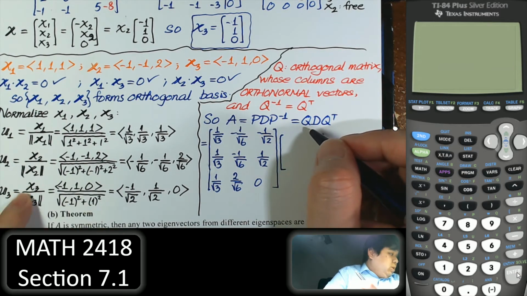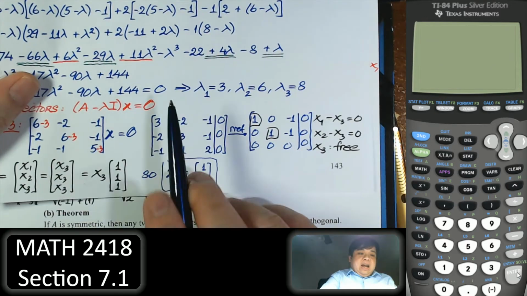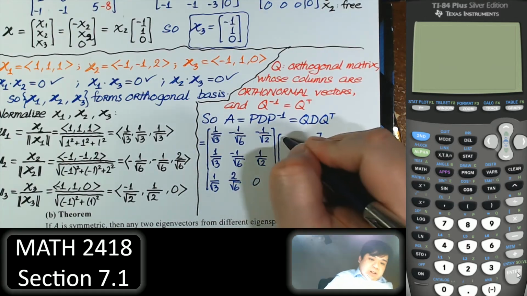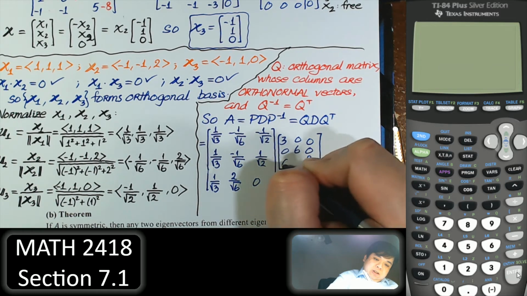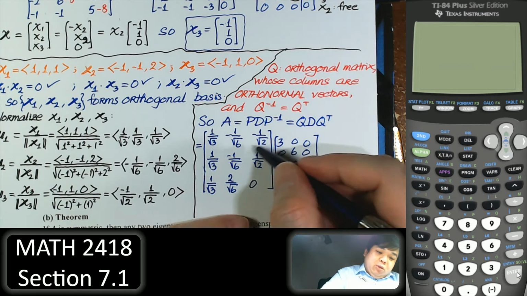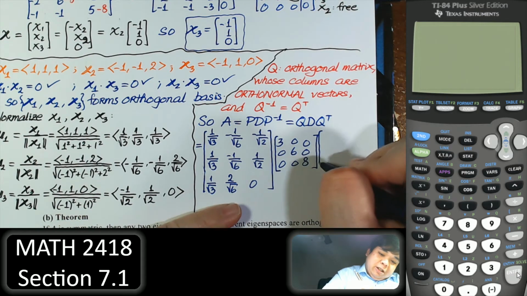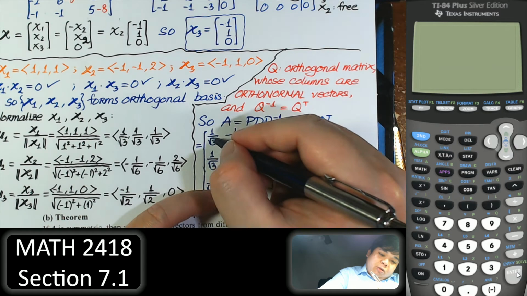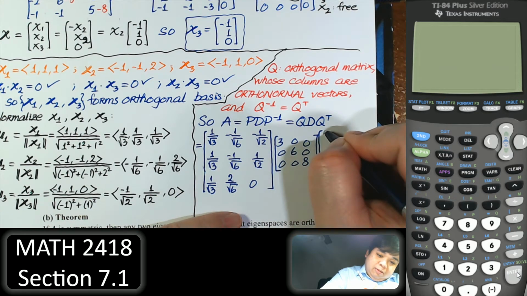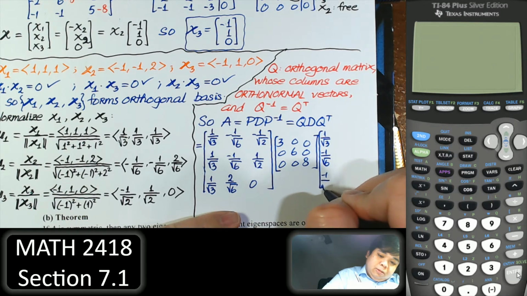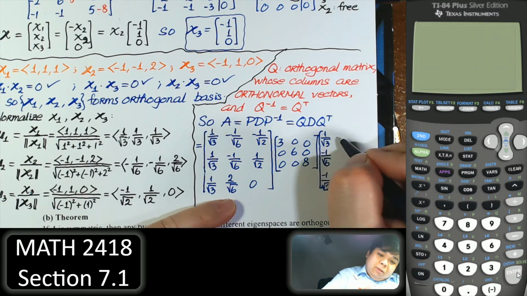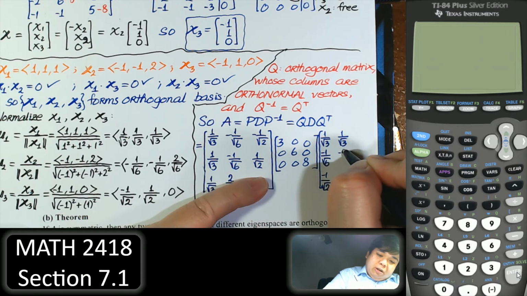Notice 1, 2, 3 have to be consistent. So here, eigenvalues of 3, 6, and 8 in that order. And then we just do this matrix transpose. It will be easy, right? Rows become columns.